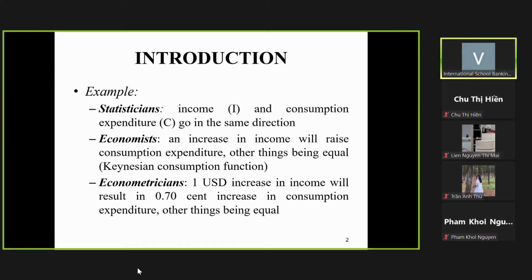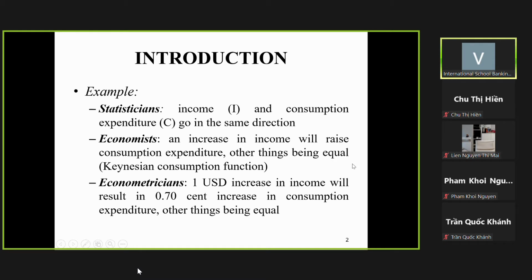But in economics, for example in microeconomics, when we know that income and consumption expenditure have a positive relationship, how can we explain this relationship? Normally we explain like this: an increase in income will raise consumption expenditure, other things being equal. What does it mean?